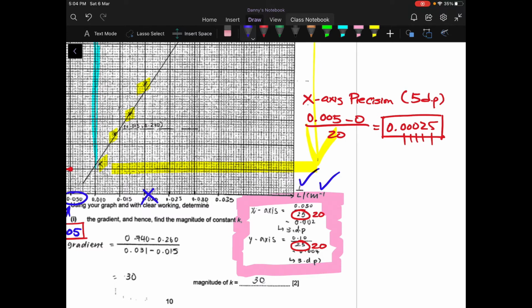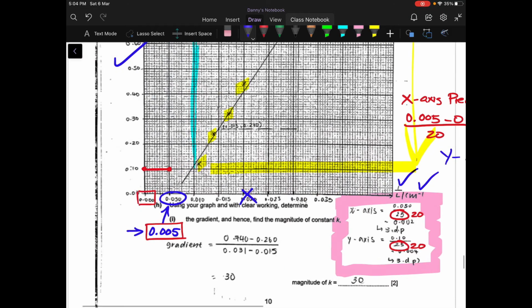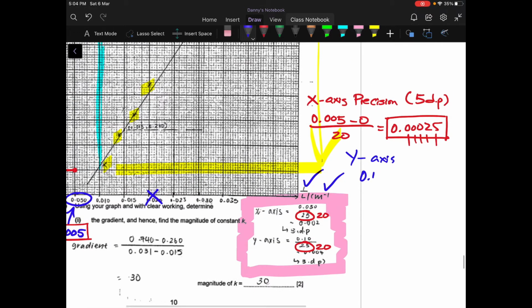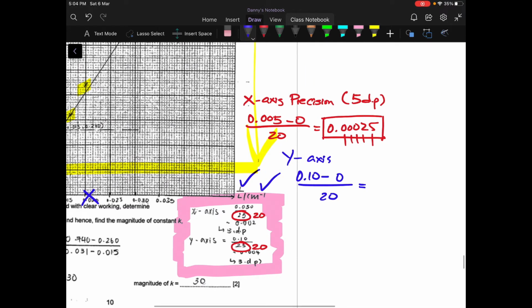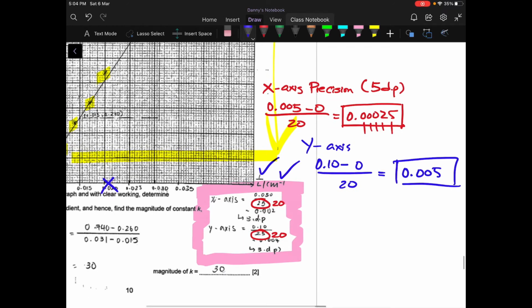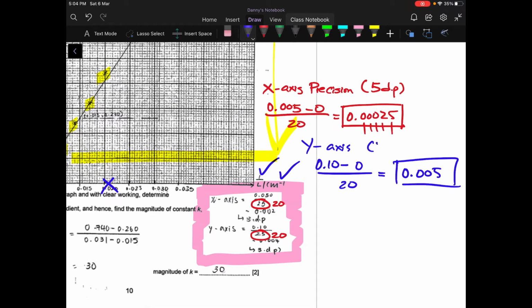Now if you do the same thing for your y-axis, you can see that it is an interval of 0.10 to 0 divided by 20 tiny squares, and you will get the answer 0.005, and this tells you that this is my smallest y-axis reading. So I will get a precision of 3 dp.